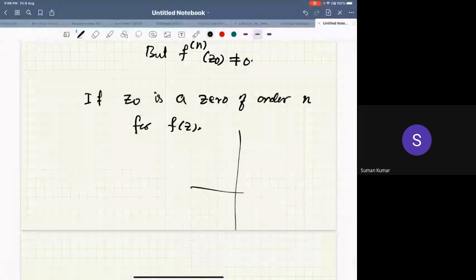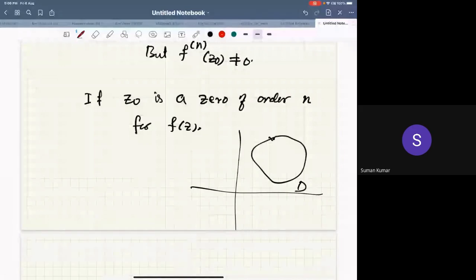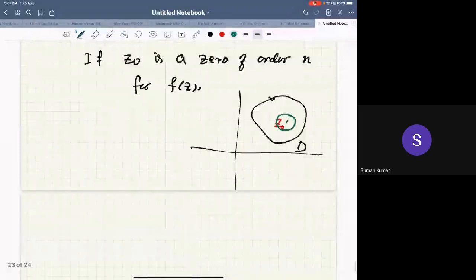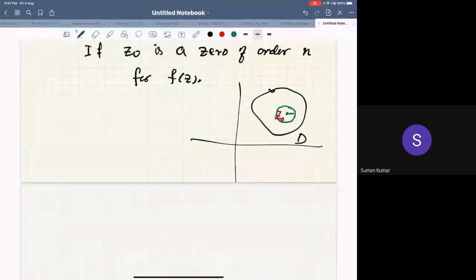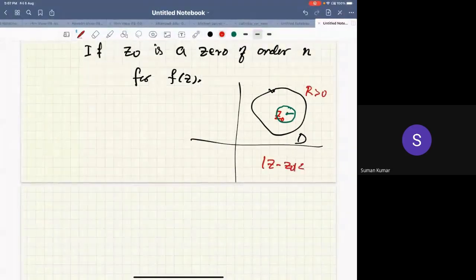Now this is my D and z0 is a point somewhere. Since f is analytic in D, I can always find a small neighborhood at that point, and locally we can write it as a Taylor series expression at z0. That means I can always find some radius r greater than 0 such that in mod z minus z0 less than r, I can find a power series expansion.